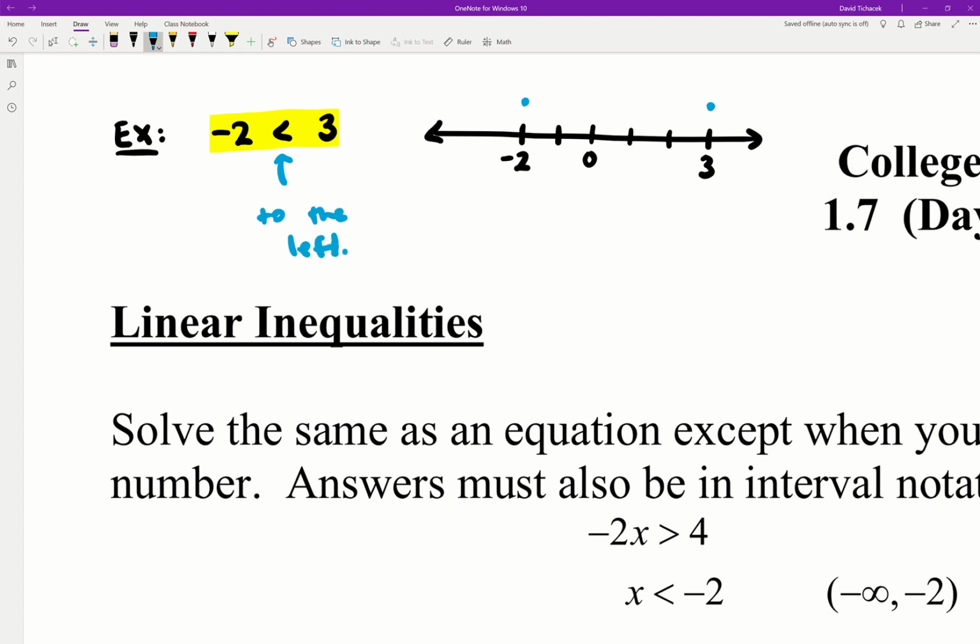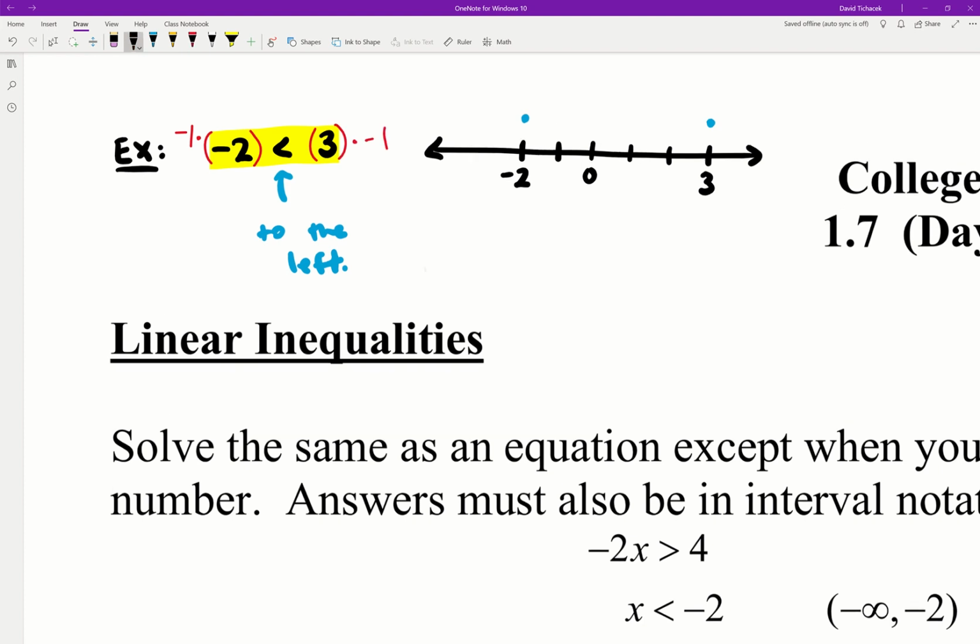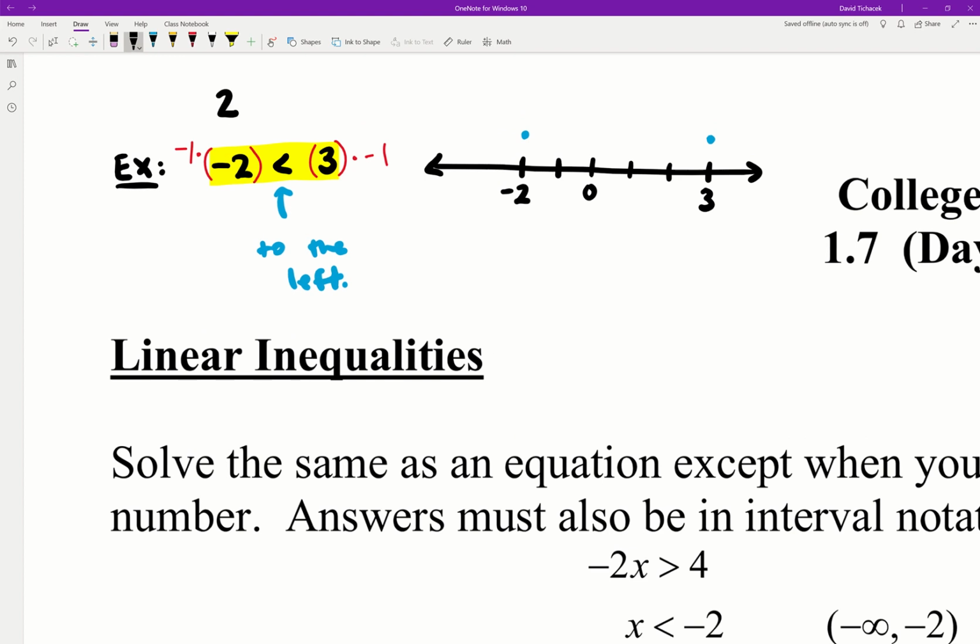All right. But here's the thing. Whenever you solve an inequality, you're going to have to remember a special rule, because if I were to do something to both sides of this inequality that might change the sign of my numbers, like, for example, if I were to go onto the left-hand side and multiply by -1 and then do the same thing on the right-hand side just to keep things balanced, then take a look at what happens, right? What you're going to end up getting here is +2 is less than -3.